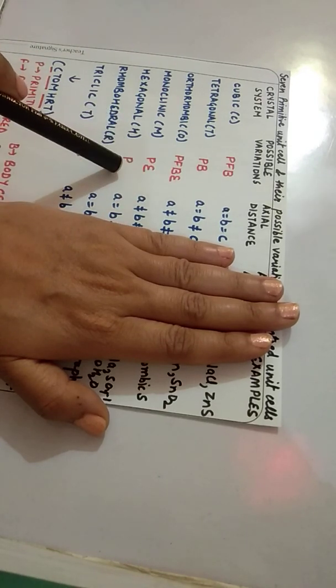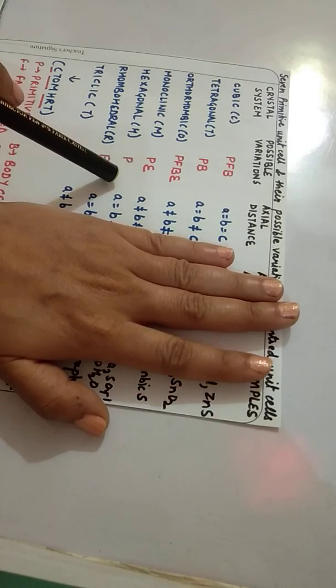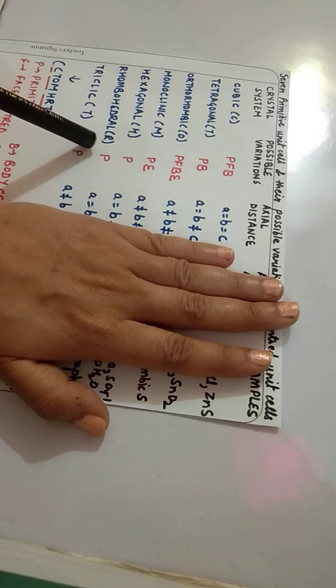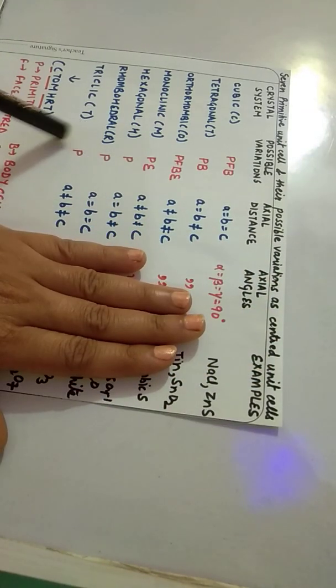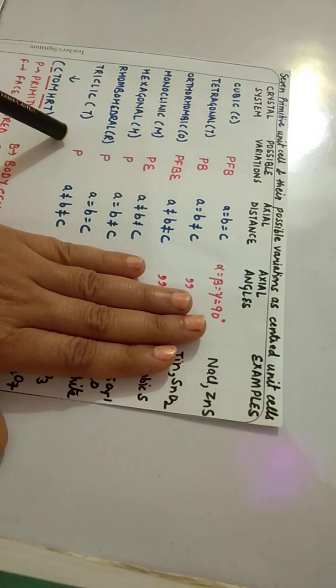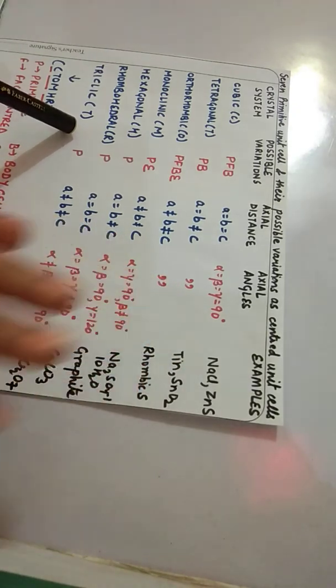Next one, alpha equals beta equals 90 degrees, and in hexagonal gamma equals 120 degrees. In rhombohedral, second last, alpha equals beta equals gamma, all the three angles are equal but not equal to 90 degrees. And for triclinic none of the angles are equal and none are equal to 90 degrees. So alpha not equal to beta not equal to gamma not equal to 90 degrees.